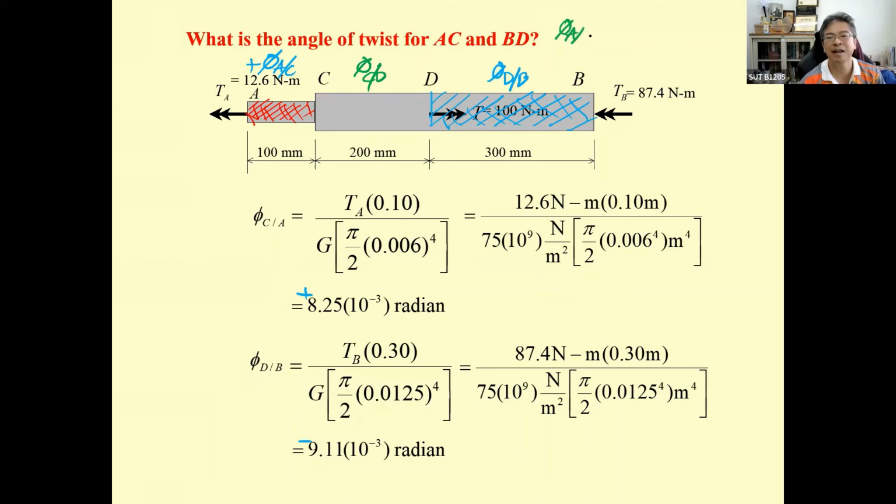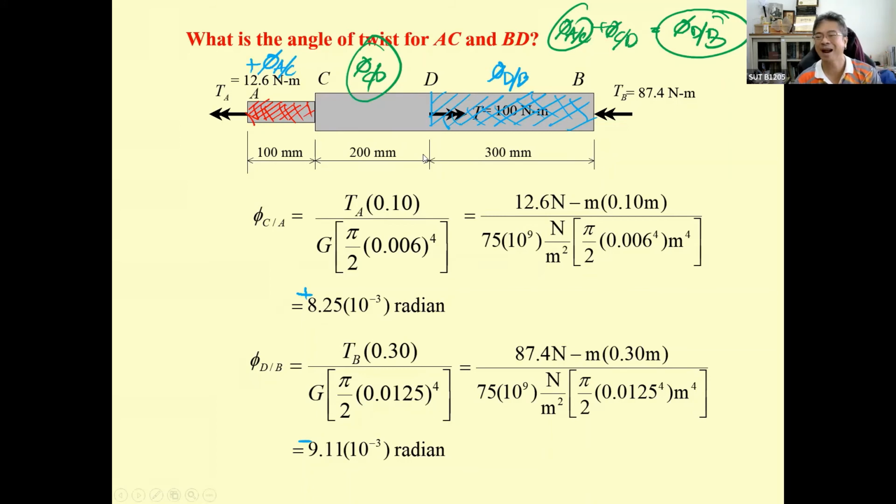Phi A/C plus phi C/D equals phi D/B. If we know this one, we know this one, so we can find this one. So let it be your homework. Go back and do the calculation of this.